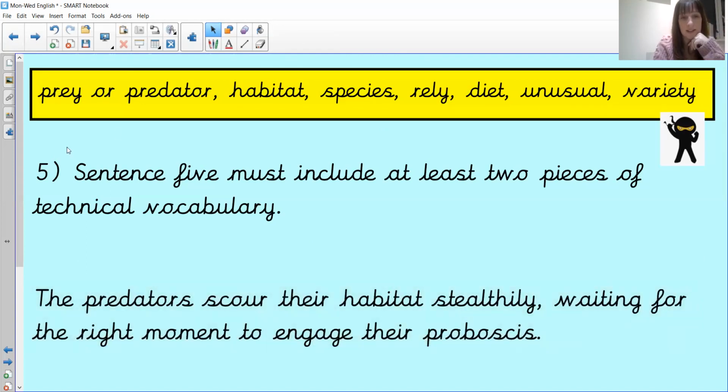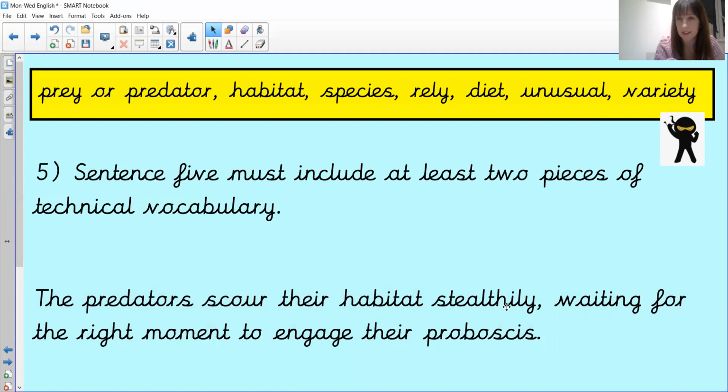The predators scour their habitat stealthily, waiting for the right moment to engage their proboscis. So I'm talking about how they eat, right, how they hunt their prey. So I've used predators and proboscis and actually habitat as my technical vocabulary. Do you know what stealthily means?